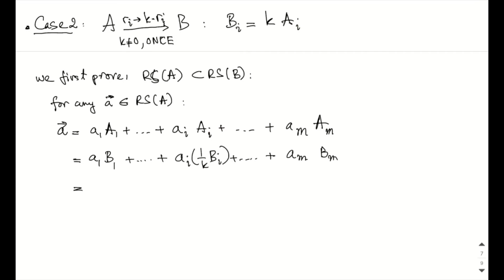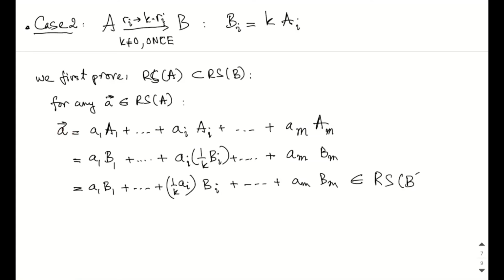But this is the same as writing a as a linear combination of the rows of B. And so you have already successfully proved that the vector a is in fact in the row space of B.